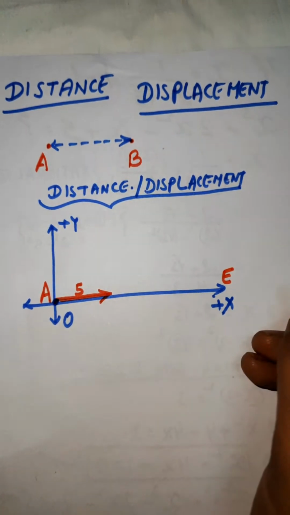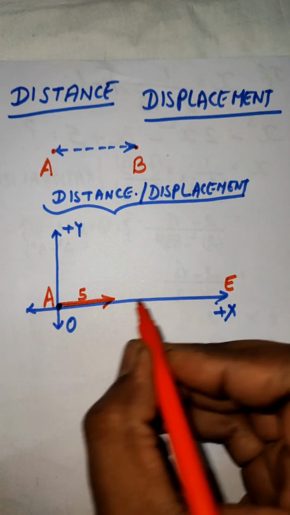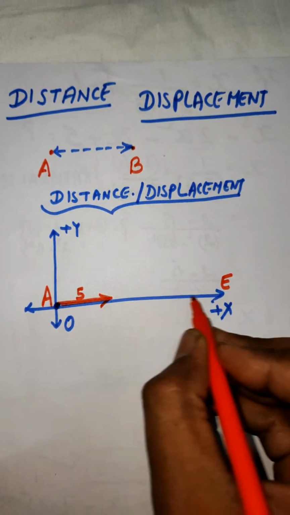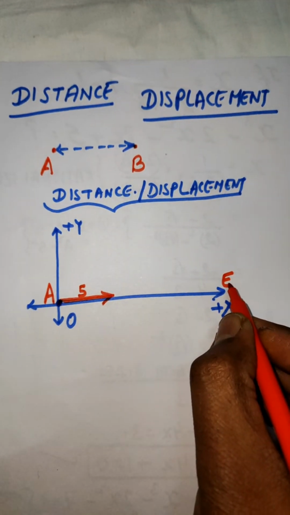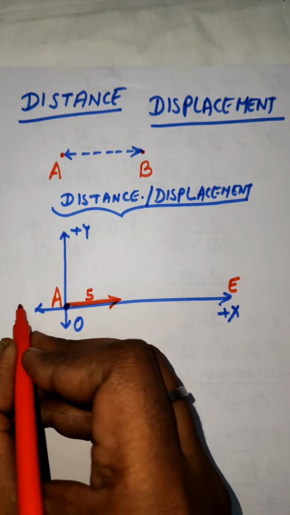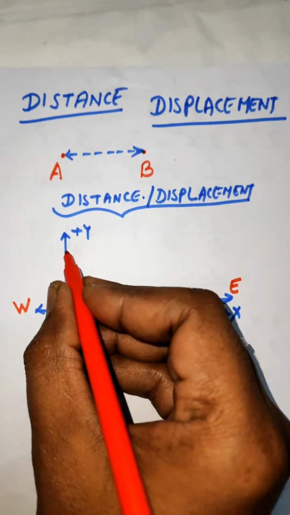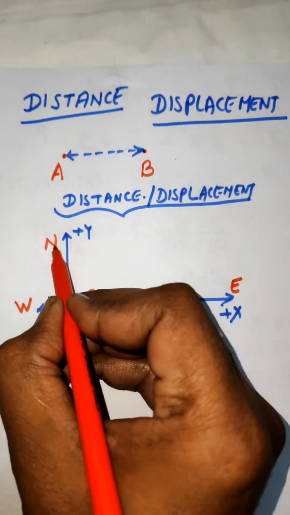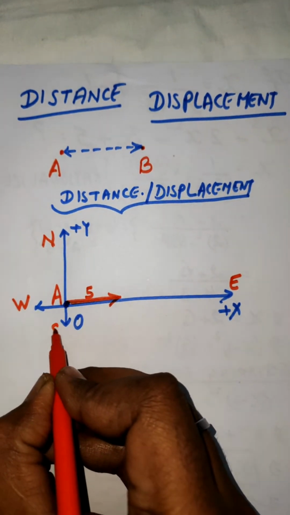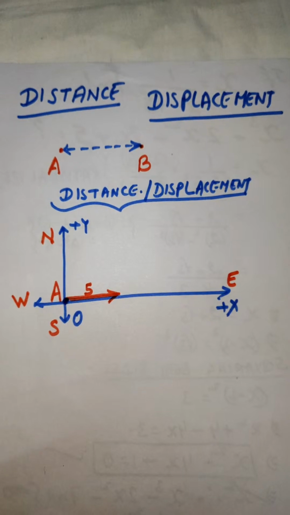In the number line we have taken plus x as the east direction, then the opposite will be west, and from the origin the north will be on the top. So this will be north and this will be south, downward, opposite to north.